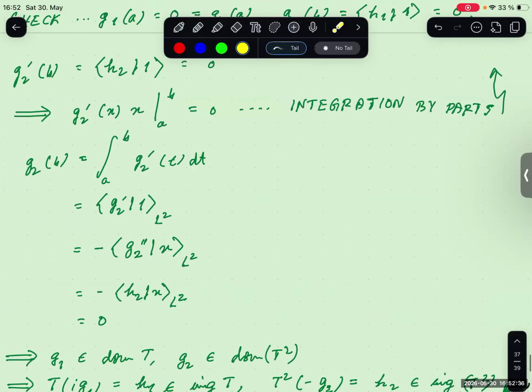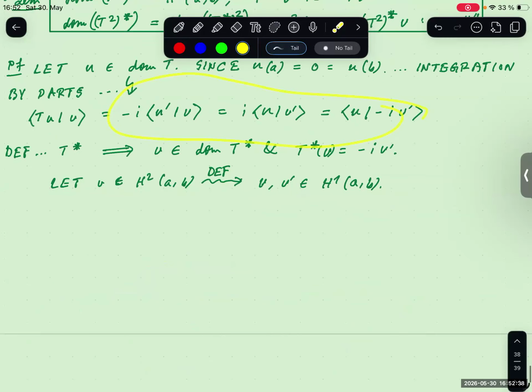So we use what we have already, and twice, because it's a double derivative, so we have to use it twice.